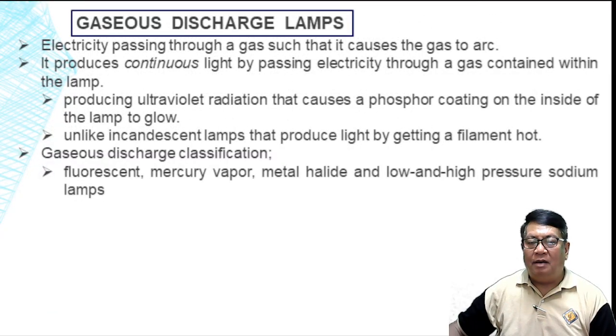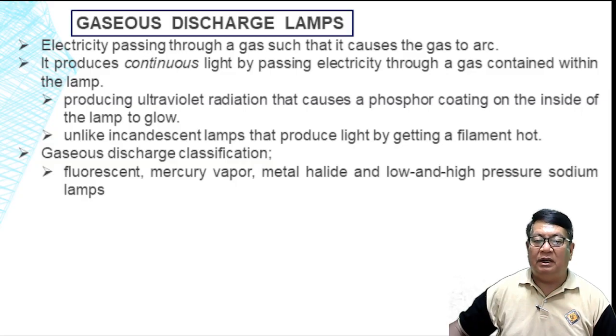Talking about the gaseous discharge lamps, this is electricity passing through a gas such that it causes the gas to arc or spark. It produces continuous light by passing electricity through a gas contained within the lamp.